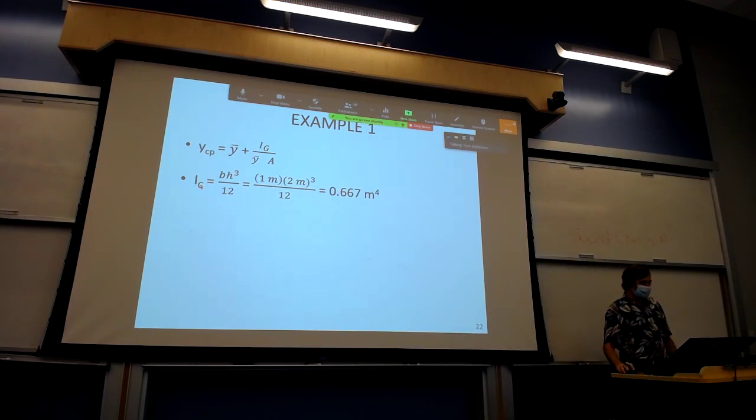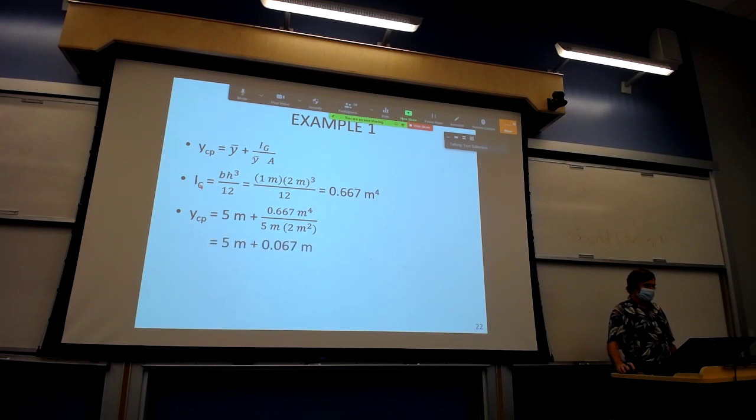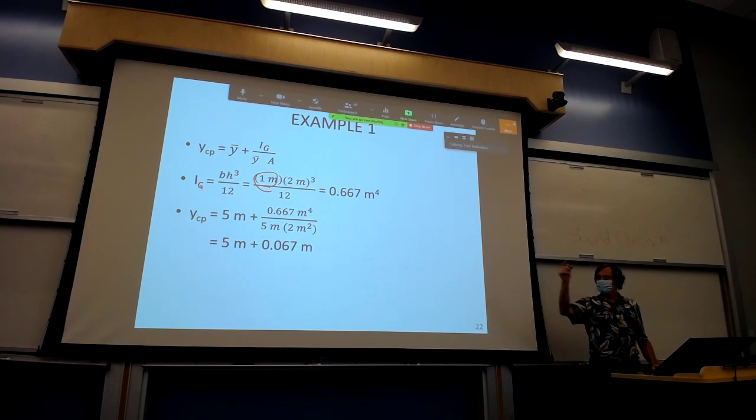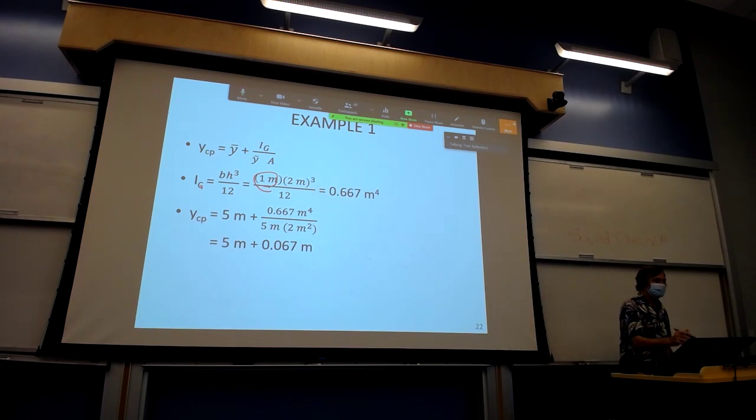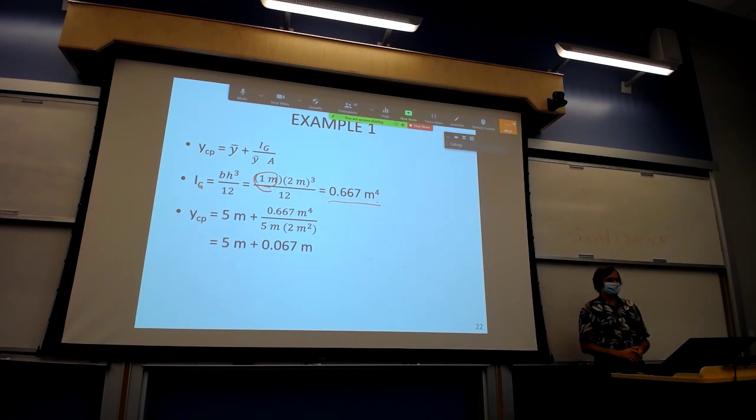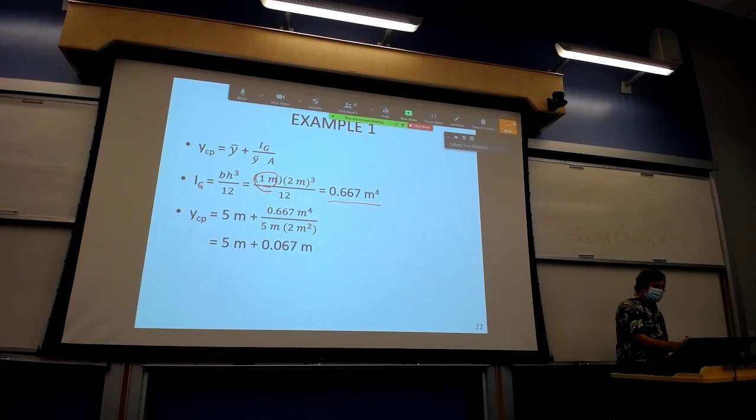So in this formula, b is 1 meter. That's the width of the gate into and out of the board or into and out of the paper. The height is the 2-meter height of the gate. It's along the h-axis. So we can calculate the moment of inertia to be 0.667 meters to the fourth. And now we can substitute that into the equation on the top of the slide.